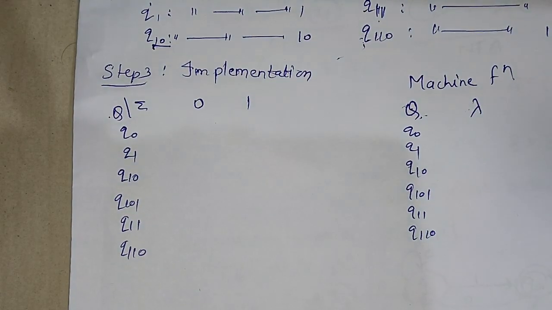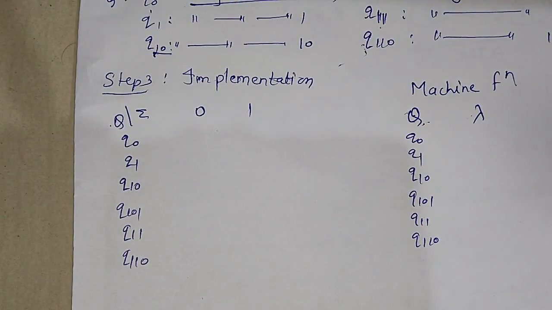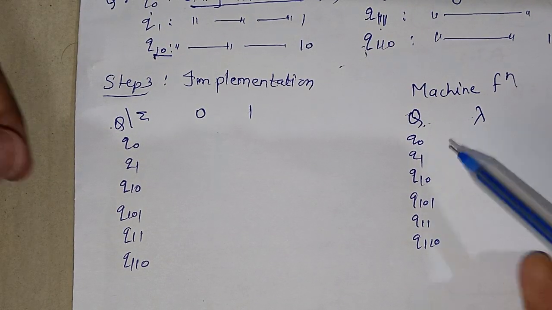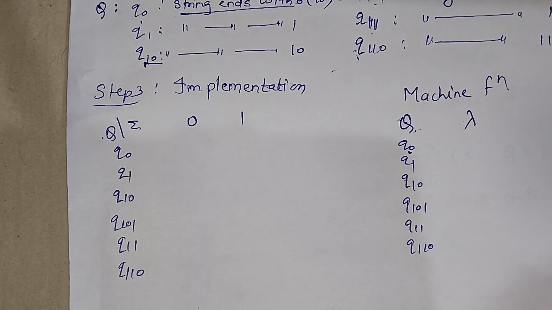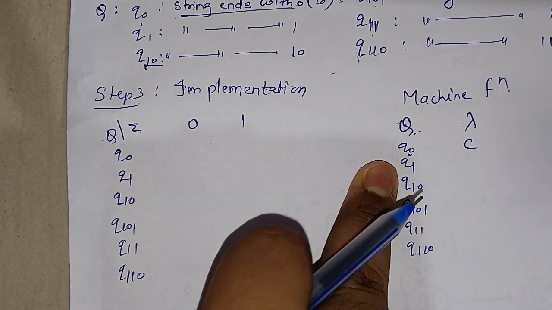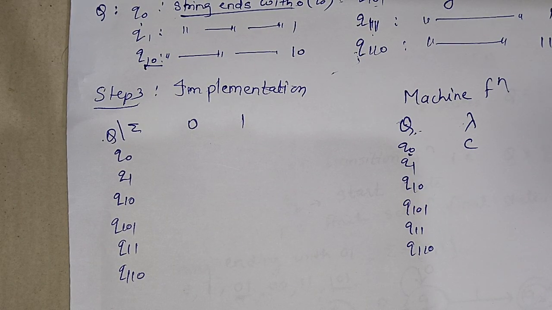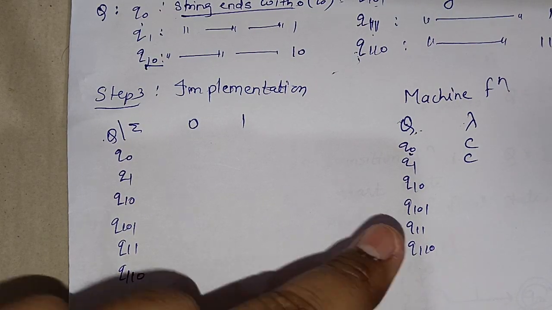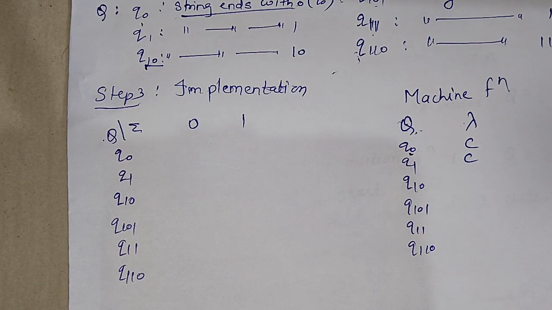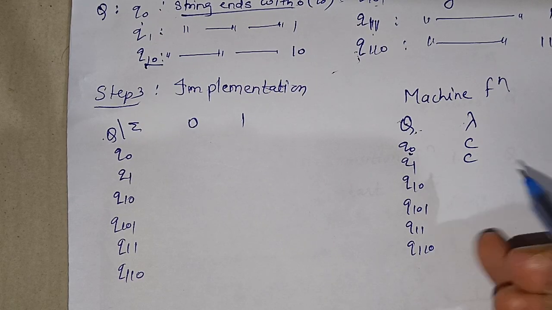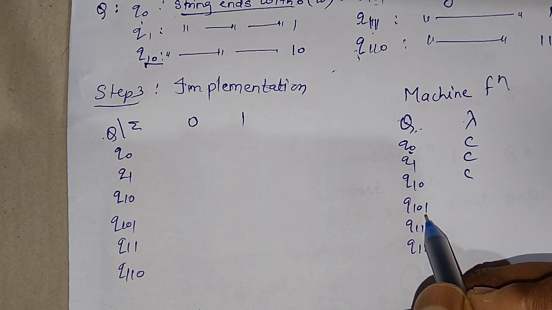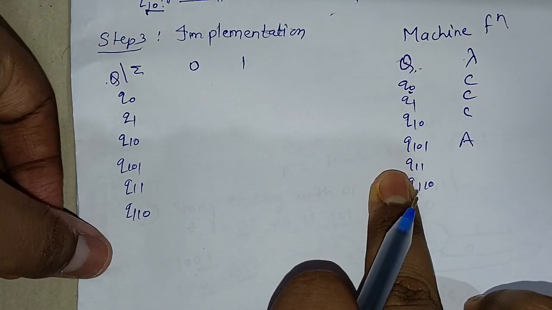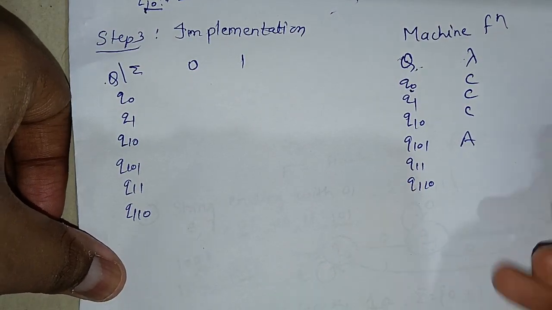What I want, when it gets Q0, it is otherwise, not 101 or 110, so we will output C. When Q1, it is also not 101 or 110, we will output C. 10 is not completely 101, that's why we will output C. If 101, then we will give output A. 11, there is no 11.